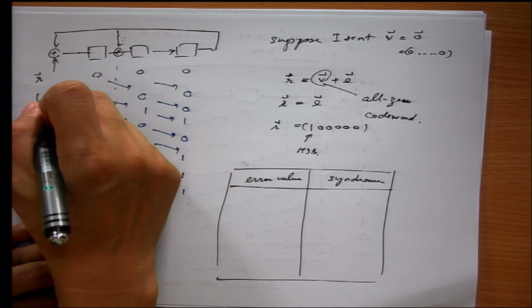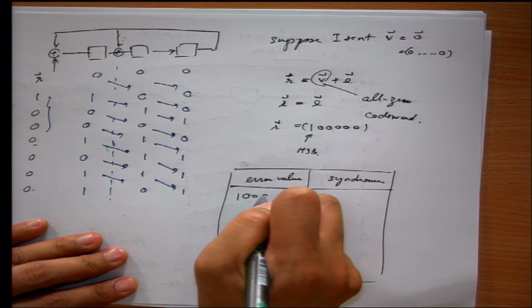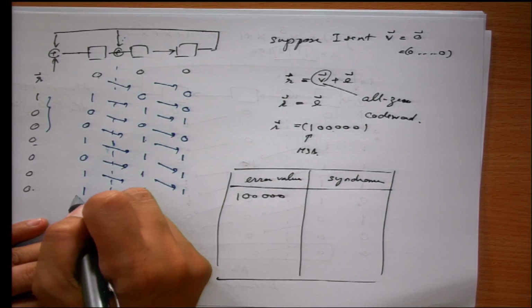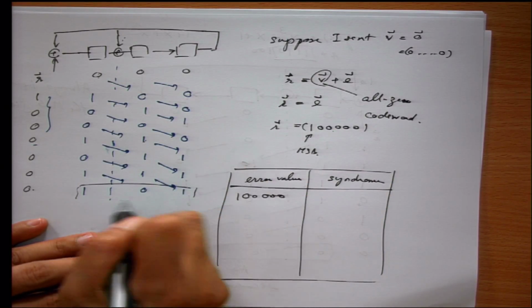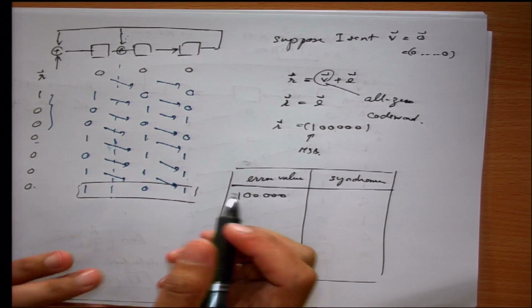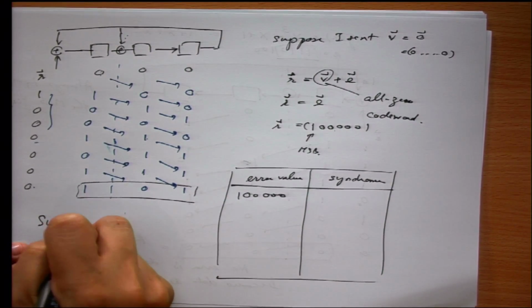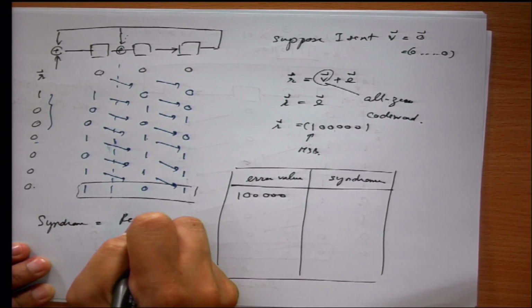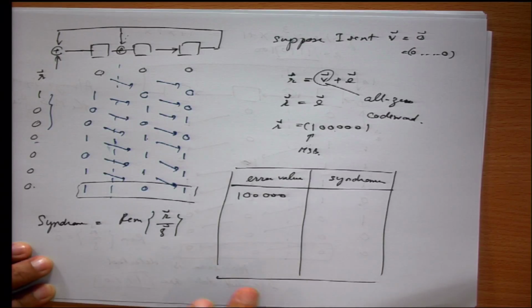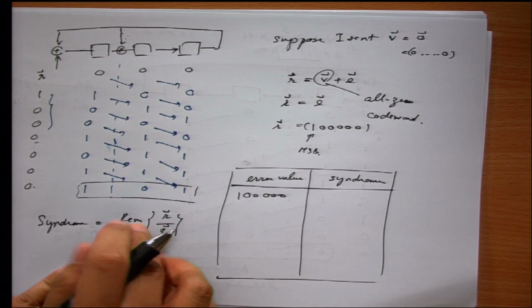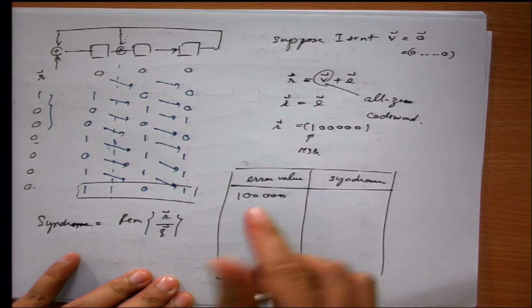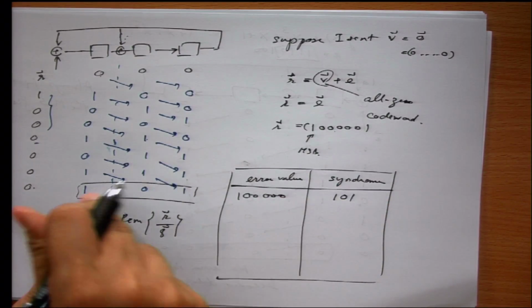If the error value is 1, 0, 0, 0, 0, 0, this is the syndrome. The syndrome is the remainder of R over G. So you divide and the remainder we call the syndrome. In this case, the syndrome is 101.